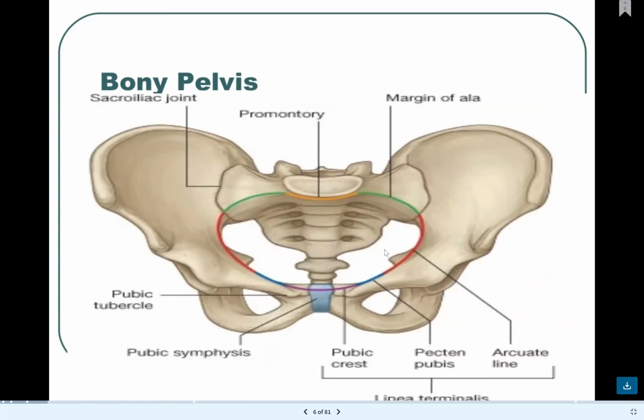This is the imaginary line of the pelvic inlet, that's the superior aperture. And this shows us the obturator foramina. This whole place is the sciatic foramina, which divides into greater and lesser sciatic foramina.